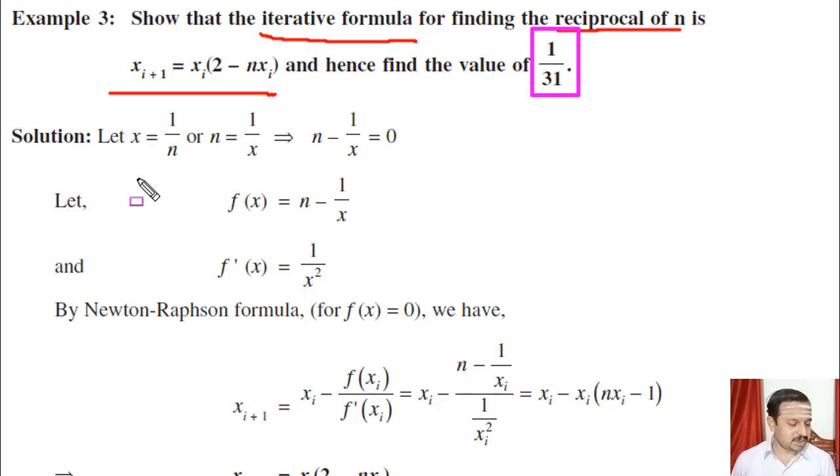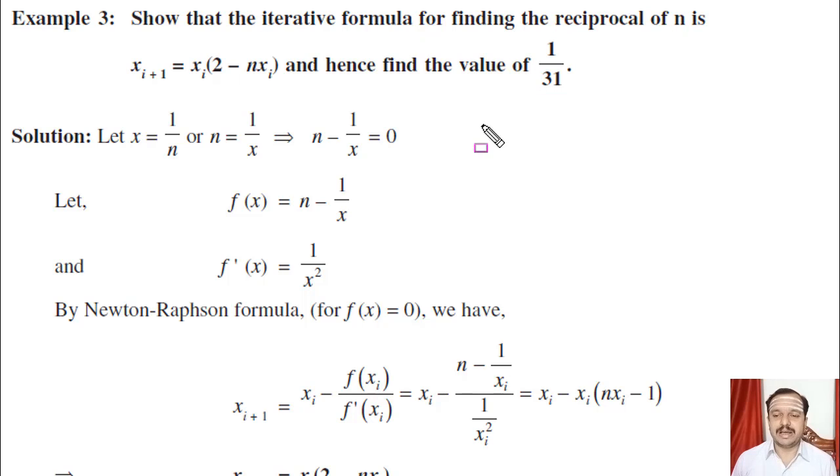First, we want the iterative formula for the reciprocal of n. So take 1 by n as x, the unknown, which we usually denote by x. Now rearrange the terms.